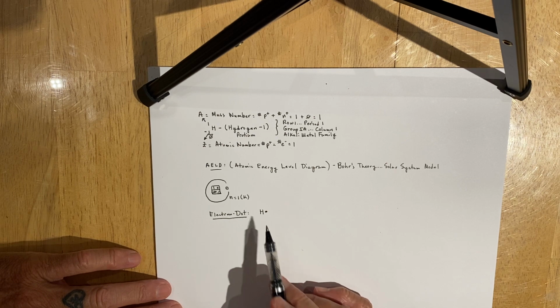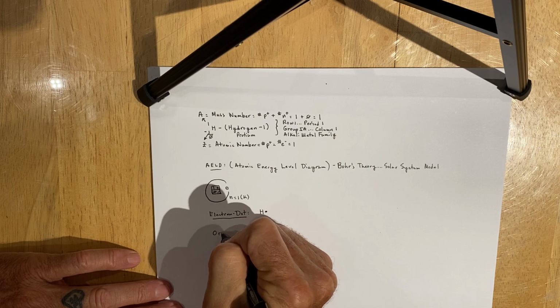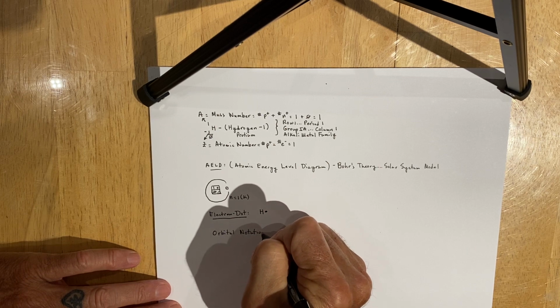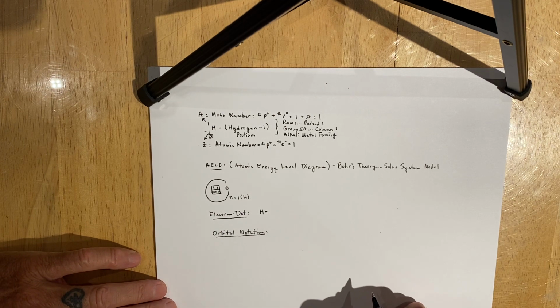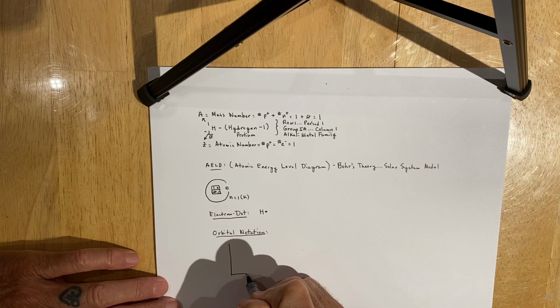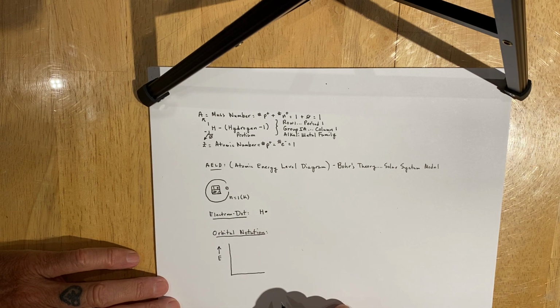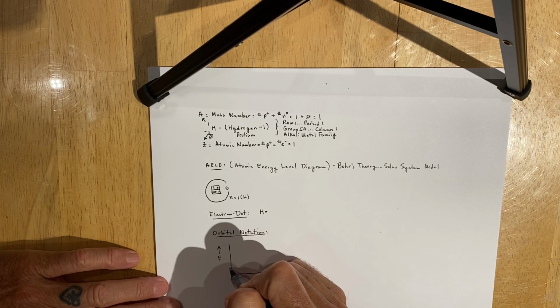So moving forward, the other diagram that I ask you to represent is orbital notation. Orbital notation is a way of accounting for the electrons in an atom. We draw orbital notation so that the y-axis represents increasing energy away from the nucleus. To start this, we would say that this is the n=1 first energy level.